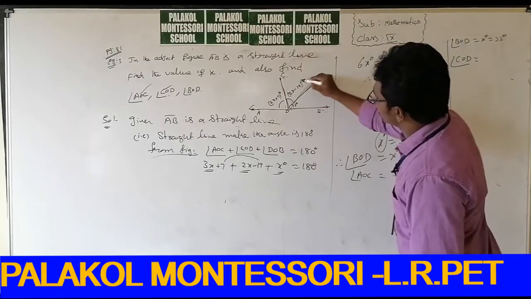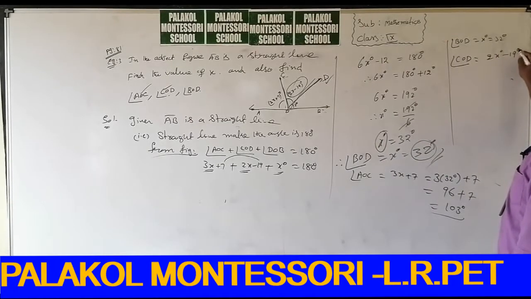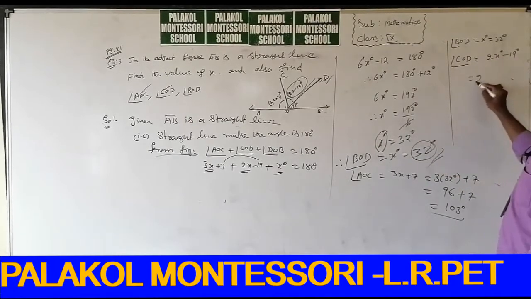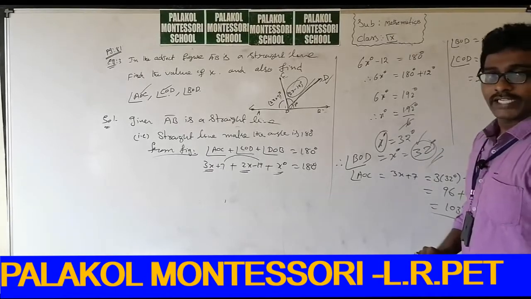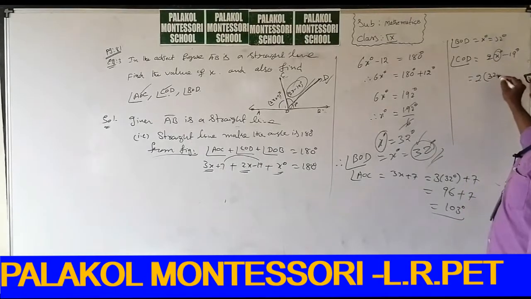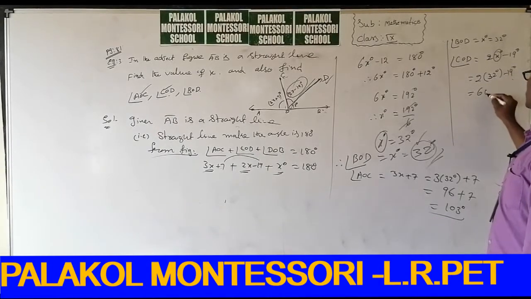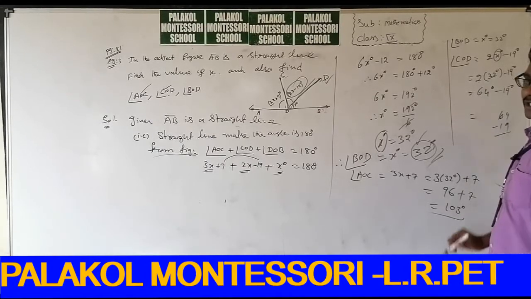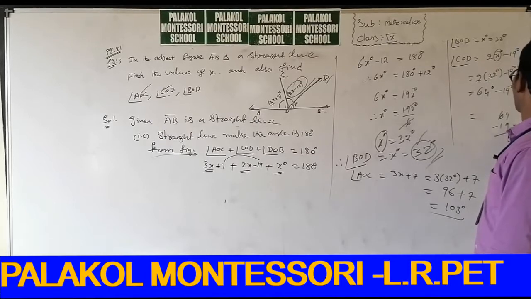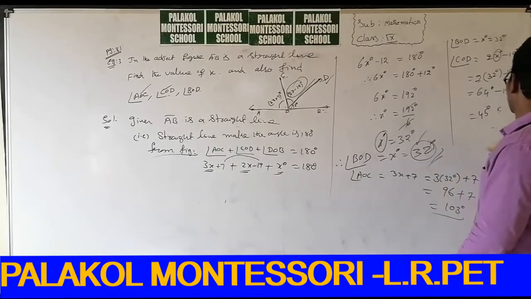From the figure, angle COD is equal to 2x degrees minus 19 degrees. So 2 times x, the x value is 32. 2 times 32 is 64 minus 19, so 45 degrees. Is it clear?